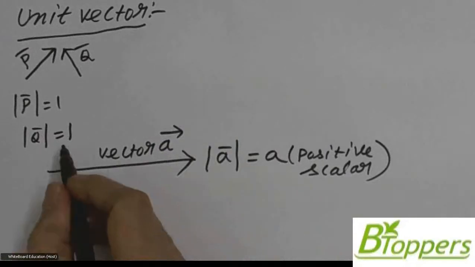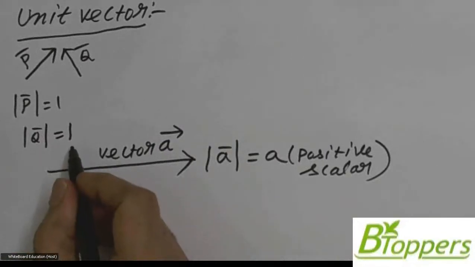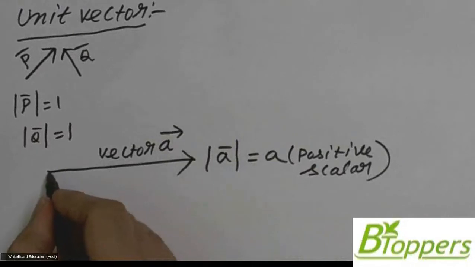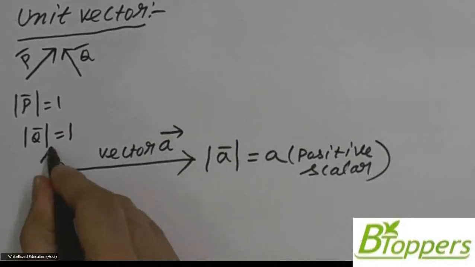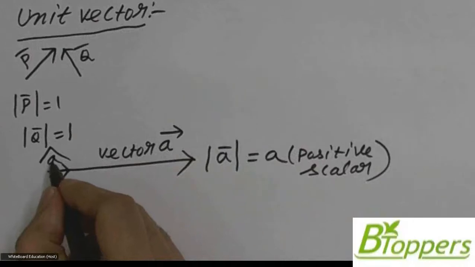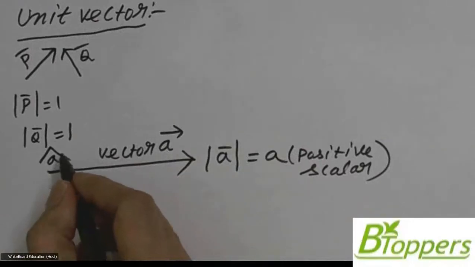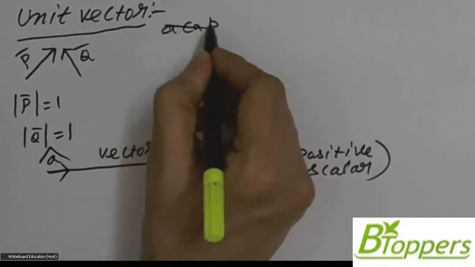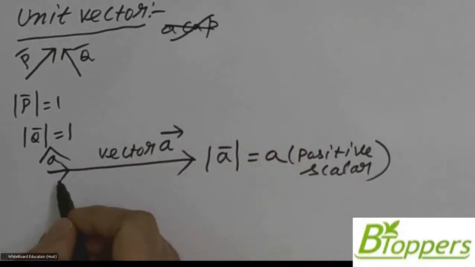A vector which has only 1 unit magnitude but the same direction as the given vector A bar is denoted by a symbol like this. We read it as A cap. So what is A cap?